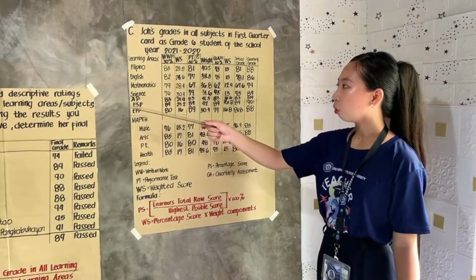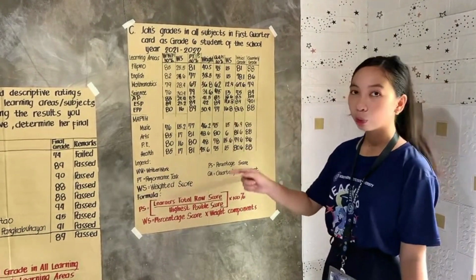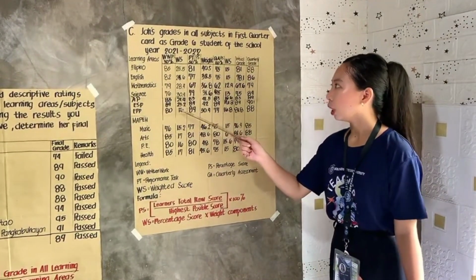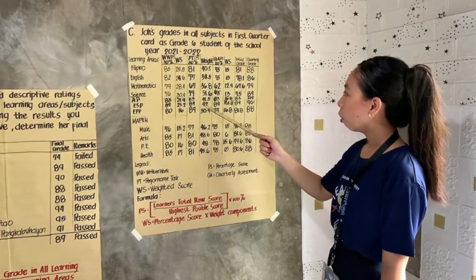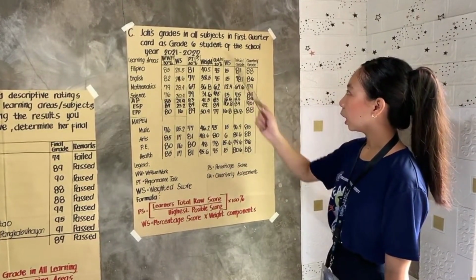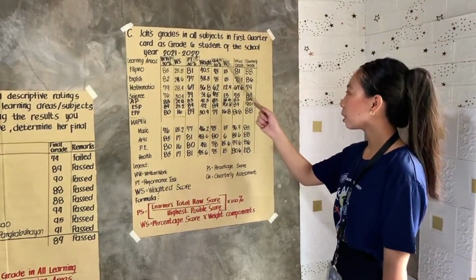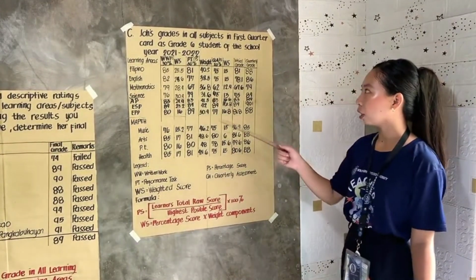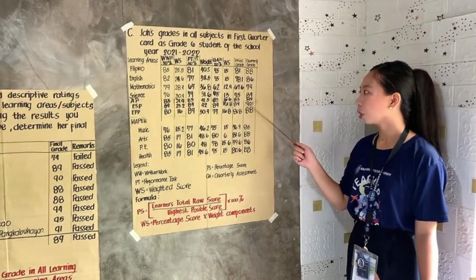And in Edukasyon sa Pagpapakatao, he got 23.2 in written work, and he got 42 in performance task, and in quarterly assessment he got 16.8 weighted score. So total, that will be 84.